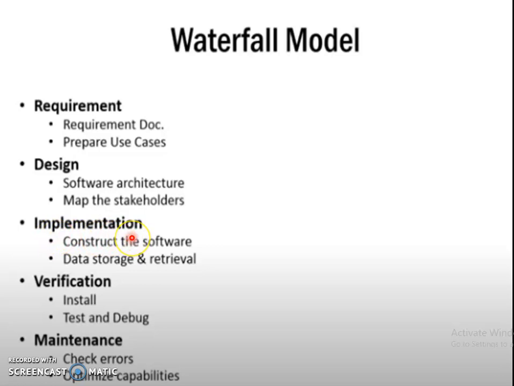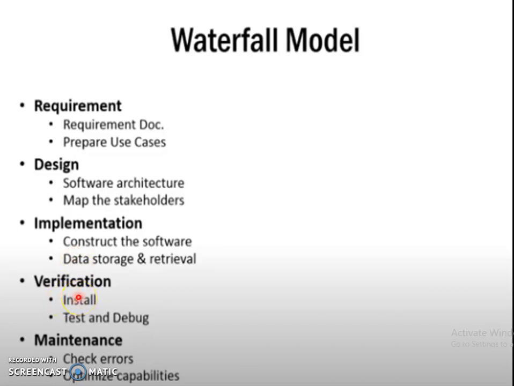In implementation, the system is developed as small programs. These small programs are nothing but units, which are integrated in the next phase, and each unit is developed and tested for its functionality.